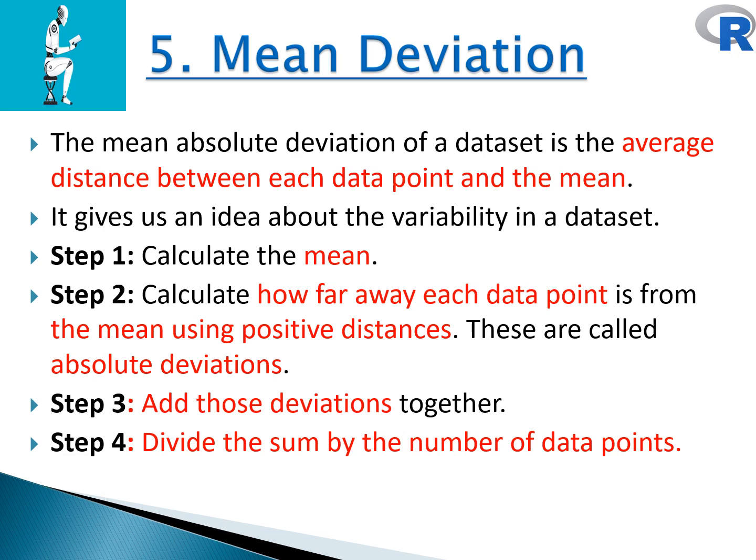Step 3 is to add those deviations together. We add the positive differences together. The fourth step is to divide the sum by the number of data points. Then you obtain the mean deviation of the data.